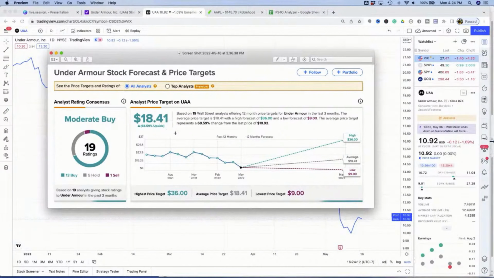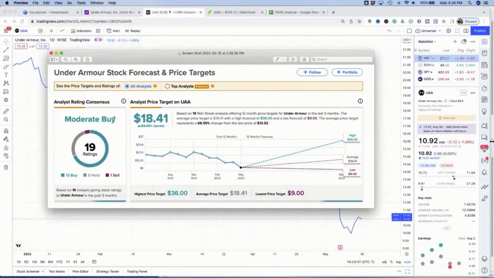Now, obviously, there's no guarantee that the stock price will ever reach this price, right? There's no way to predict. Nobody has a crystal ball. No one can predict the future. So we don't know if the stock price will go up to $18 or to $36 or drop down to $9, or if the company will go bankrupt, or if the industry picks up all of a sudden and the revenue doubles.